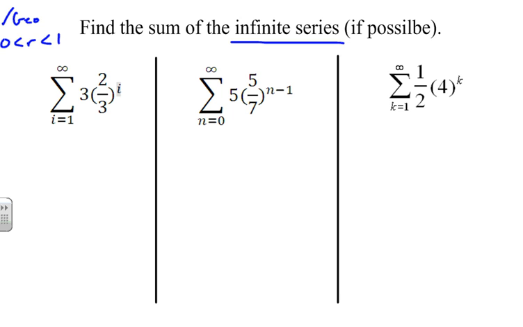All right, so first one, example number 1. We can see that, yes, it is geometric, check, and it has a ratio which equals 2/3. That is less than 1 and greater than 0, so we can find this converging series. We can use whatever formula we want.